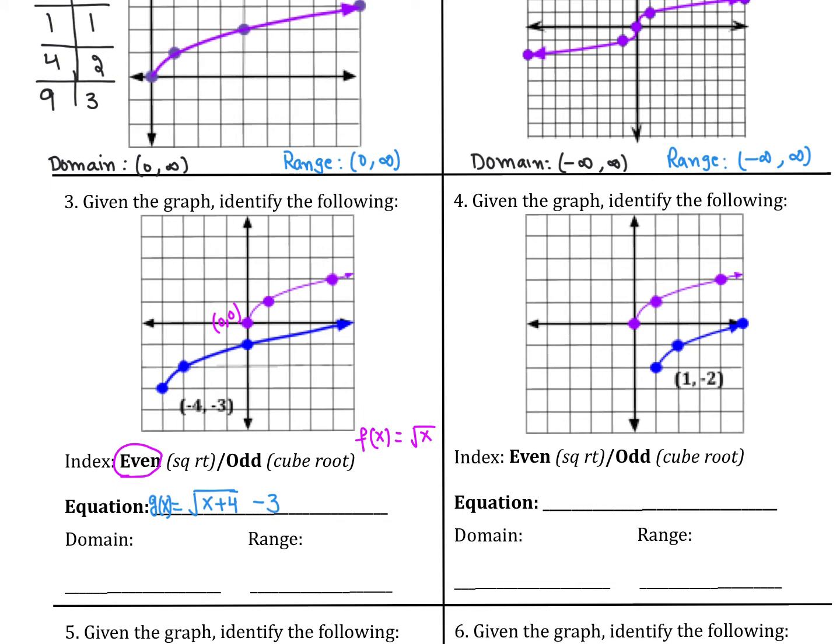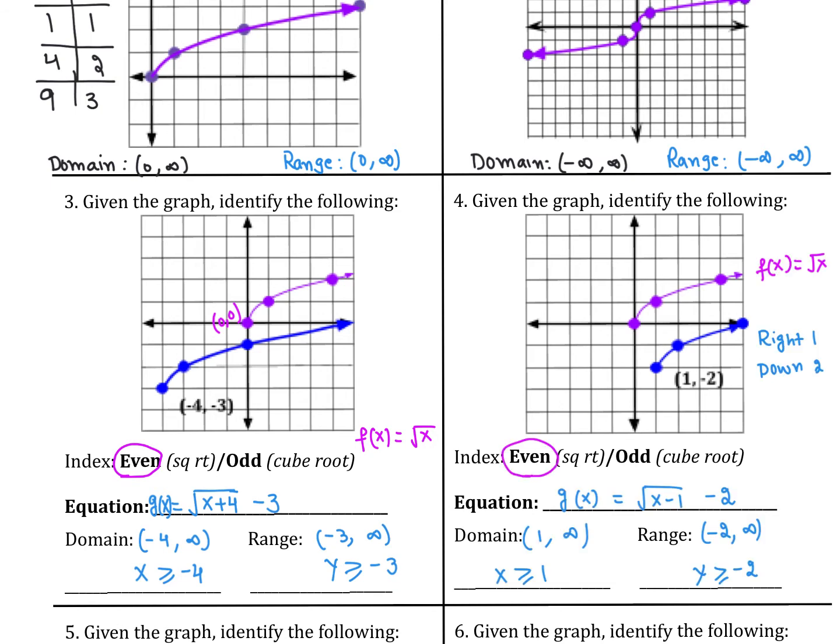The domain of the blue graph is starting from negative 4 and approaching infinity. So that's going to be negative 4 to positive infinity. In other words, you can say that x is greater than or equal to negative 4. Range: negative 3 to infinity, or y greater than or equal to negative 3.